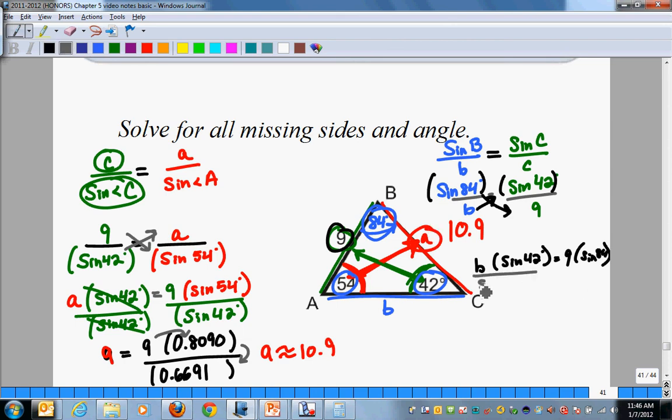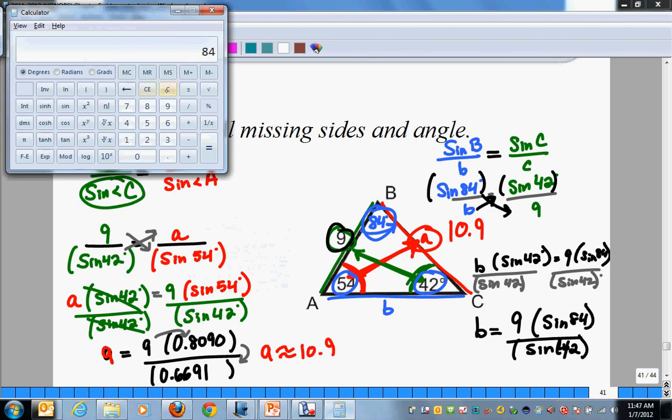We're going to divide both sides by sine of 42. Make sure you keep parentheses around that. So B equals 9 times the sine of 84 divided by the sine of 42.